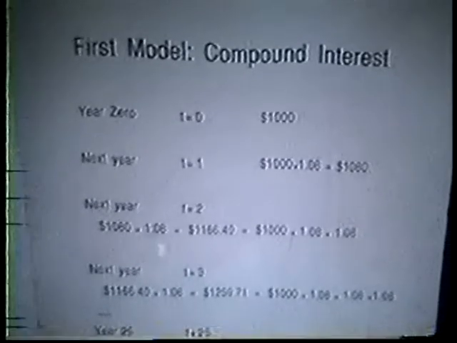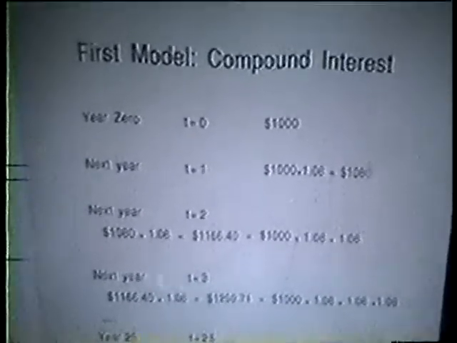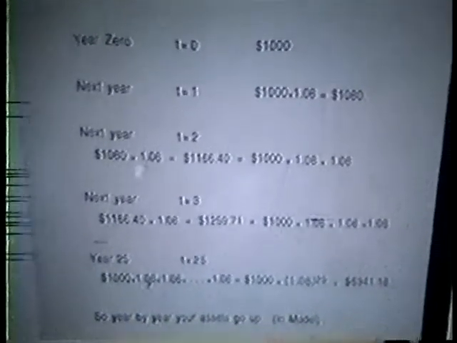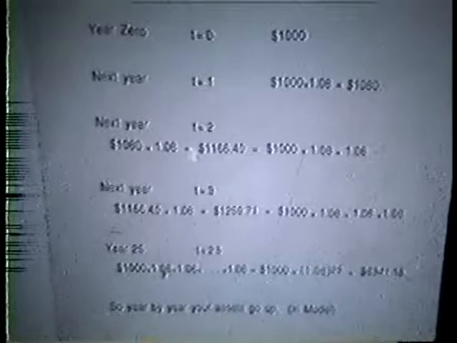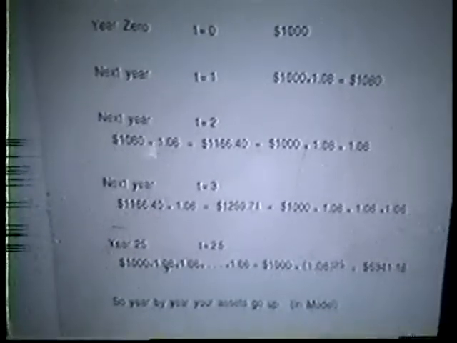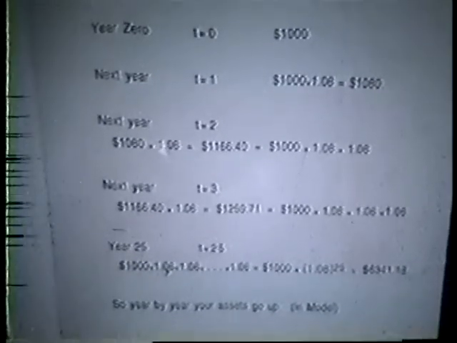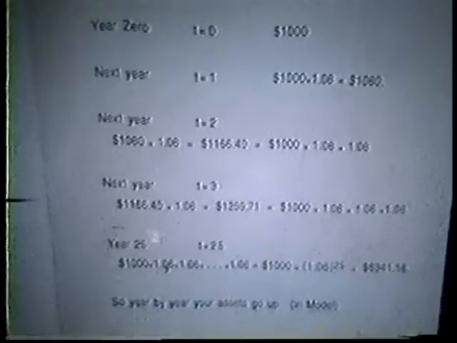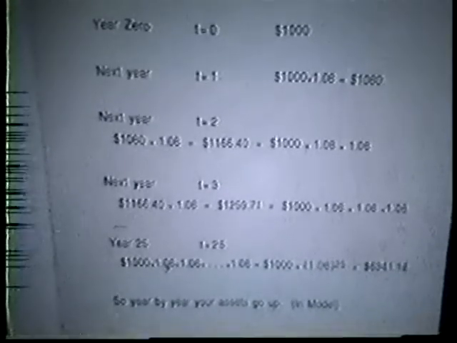The next year, you get the same amount of increase. You multiply by the same factor. You get the same multiplication factor. So you take this 1,080 and multiply it by 1.08 and get this amount, which is 1,000 times 1.08 times 1.08. And you continue on step by step in the same fashion, so that year by year the assets go up in an apparently predictable fashion.